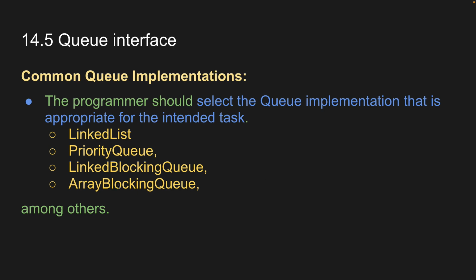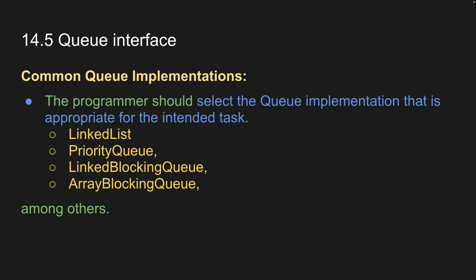Now you can tell right away that the linked blocking queue is probably related to linked list and their functionality. An array blocking queue is similarly related to the array list. There are apparently other types of implementations for the queue that you could use.